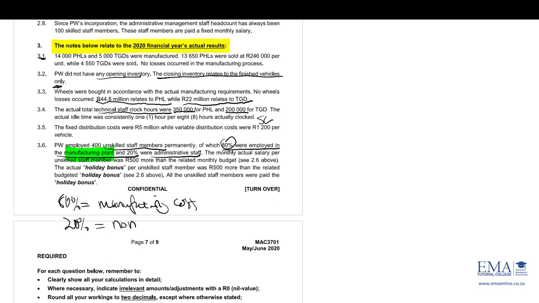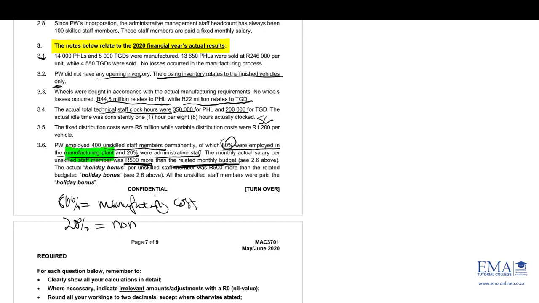Okay, so let's look at the cost now. They say the monthly actual salary pay per unskilled staff member was 500 more than the related monthly budget. So their monthly salary increased by what? By 500. Okay, they say see 2.6 above.